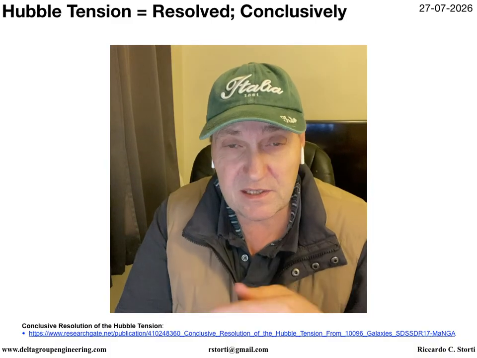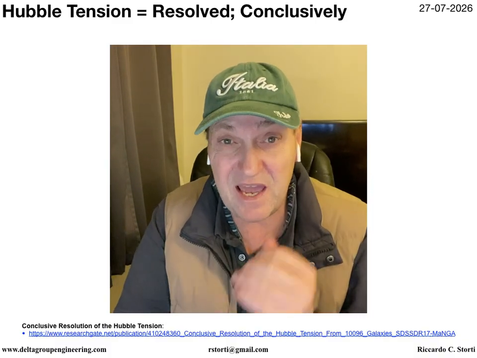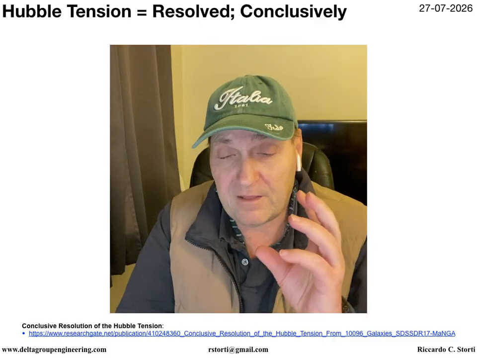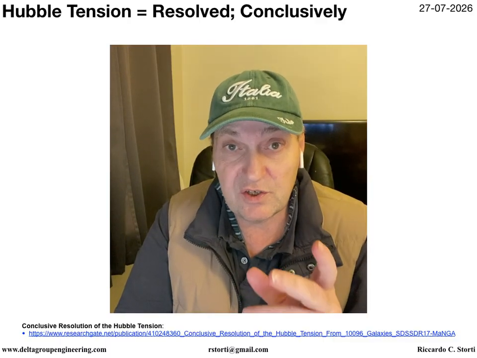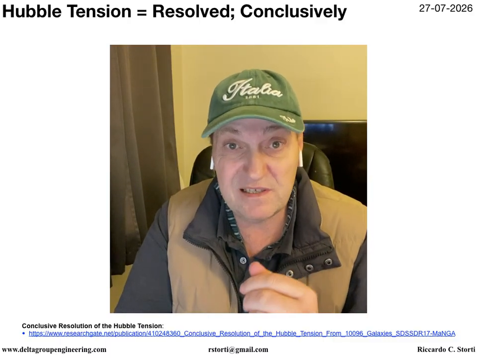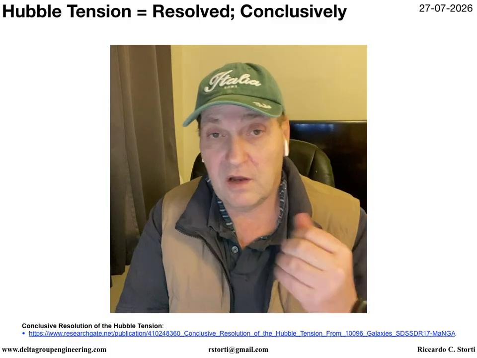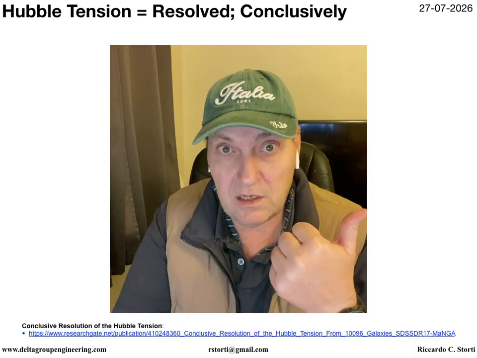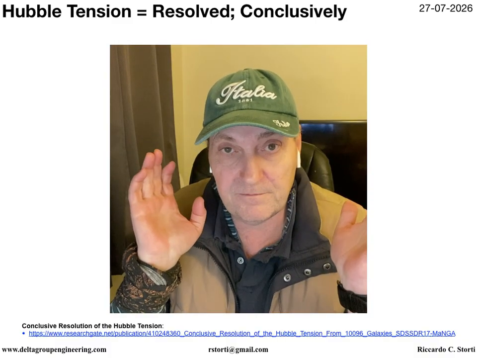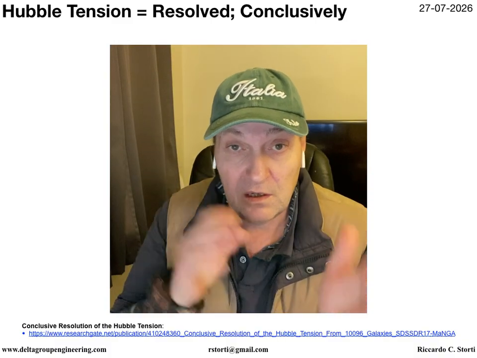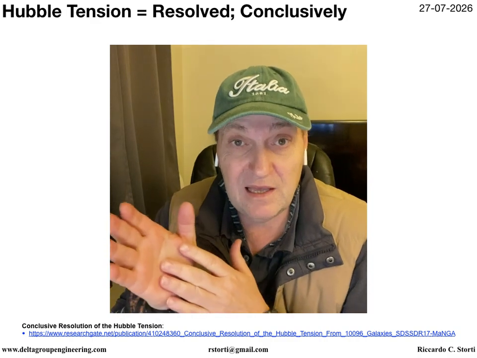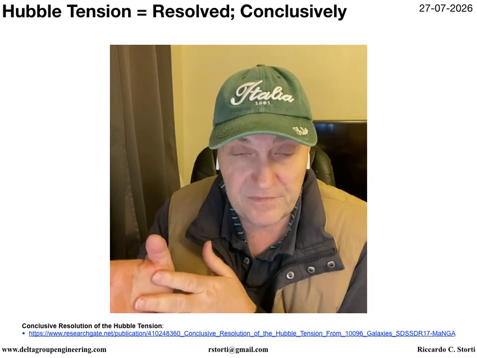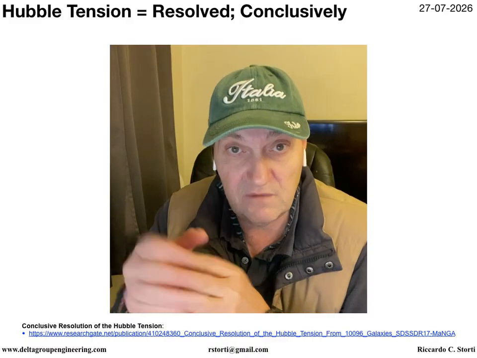Remember, as I mentioned before, I started with 10 galaxies, and I got it to converge after only 10 galaxies. I then pumped through 10,000 galaxies, and the tension vanished completely. I then pumped through another 11,000 galaxies, and once again, the tension evaporated.